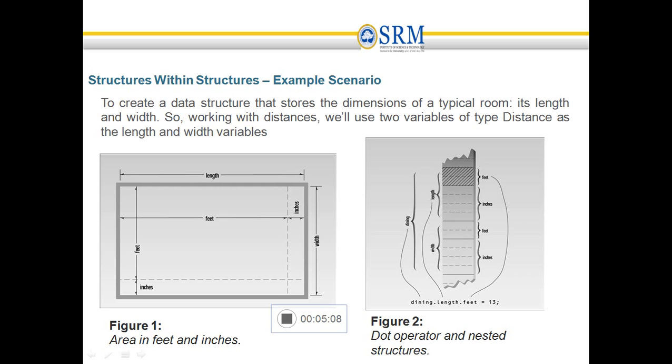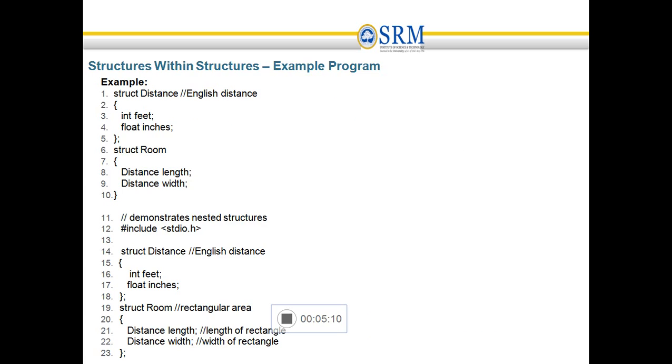You can see the example program. Here the example program is shown for that requirement using a nested structure. First we define a distance structure. It has feet and inches variables, feet as integer and inches as float. The next structure, room, has the first structure, distance, nested for length and width.